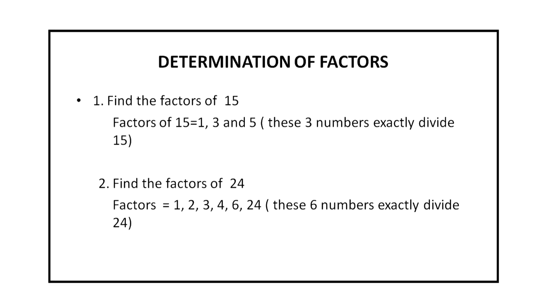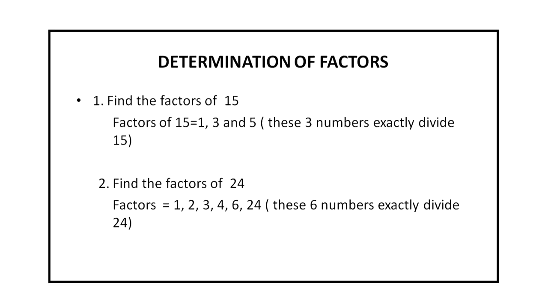The second factor is 3. This is because the number 3 exactly divides the number 15. And the third factor is 5. 5 is a factor of 15 because the number 5 exactly divides 15 and we get a remainder 0. Thus, 1, 3 and 5 are the factors of 15.